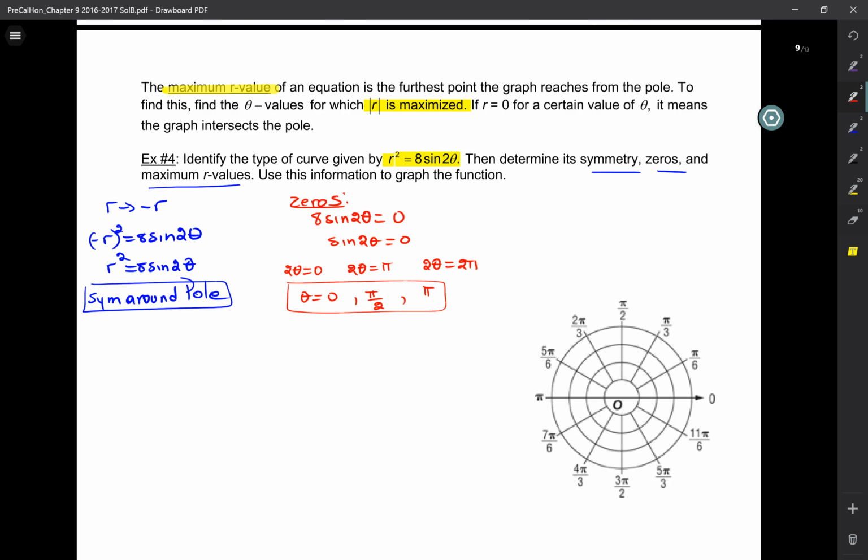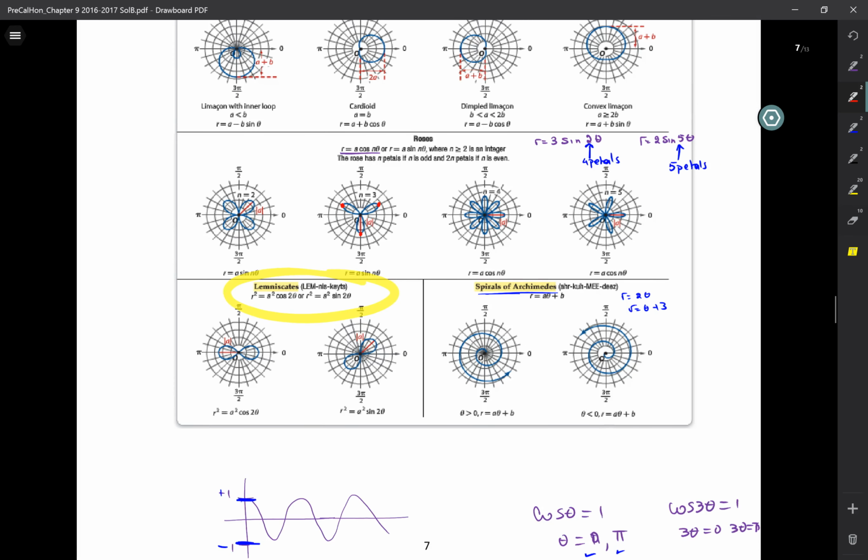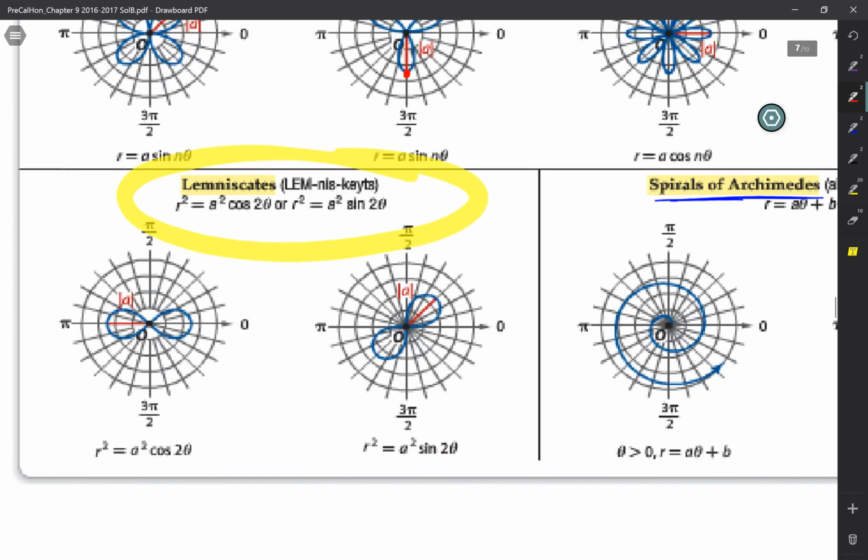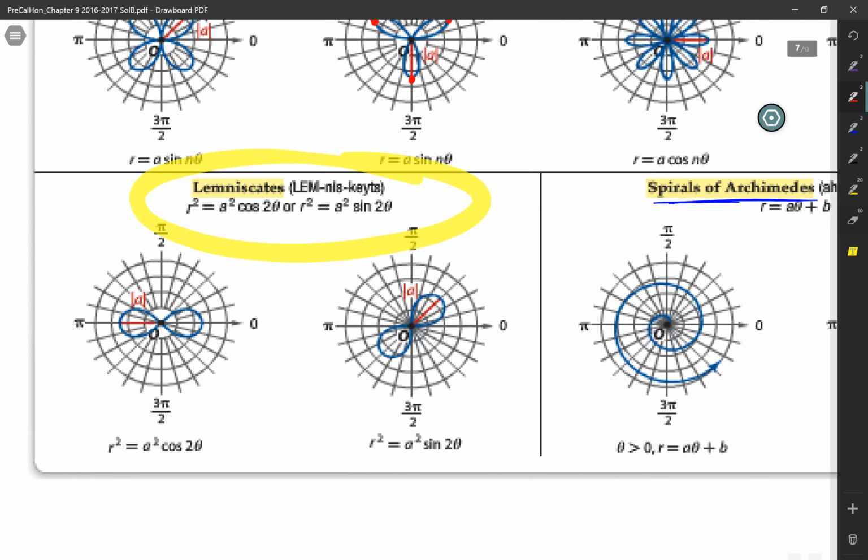Now, if you want the maximum R value itself, the maximum R value is how far out this thing extends. So guess what? Take a look at this. I will provide you guys with this sheet. Look at what it says. What is A? A is the distance from 0 to the outer part. And in the equation, do you see where A is? It's R squared equals A squared.